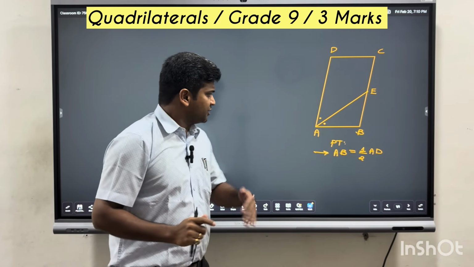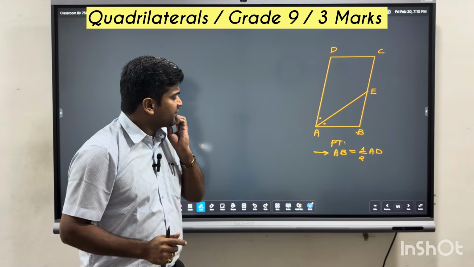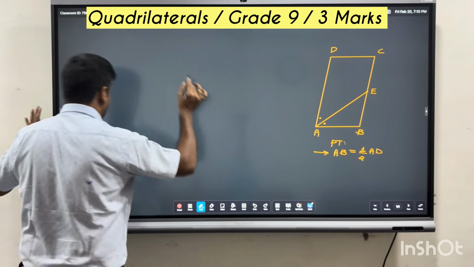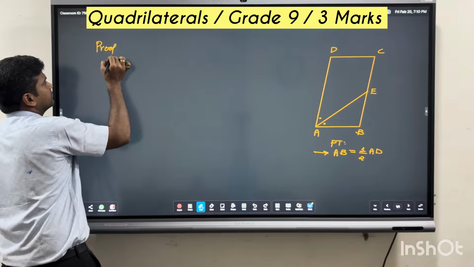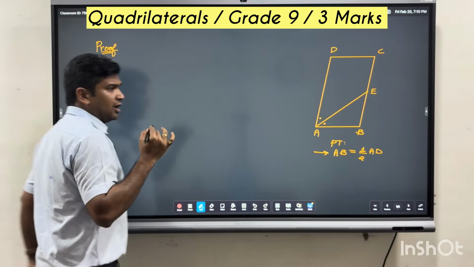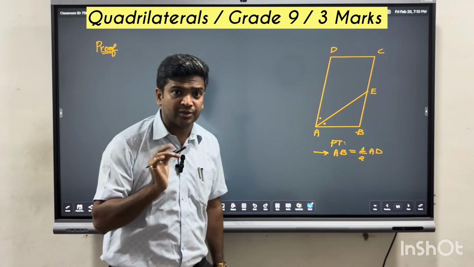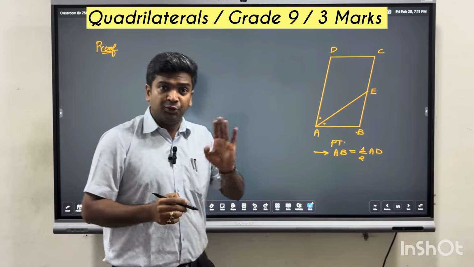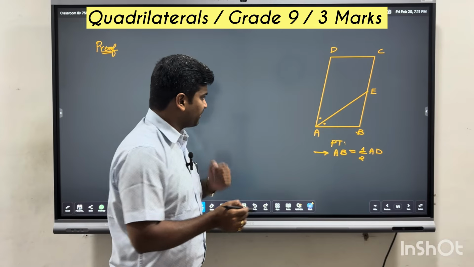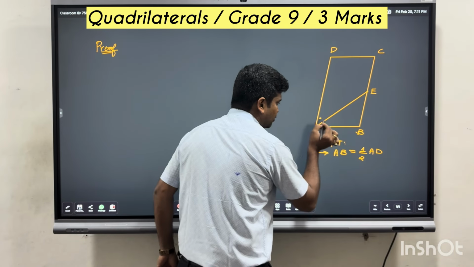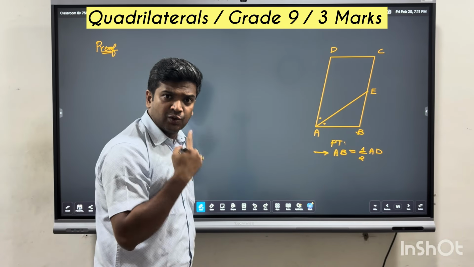Fine. So now let us start with the proof. How do I go about it? Please understand, children, how I think, and I want you to think in a similar way. These two angles are given equal to me, and I have to use that.